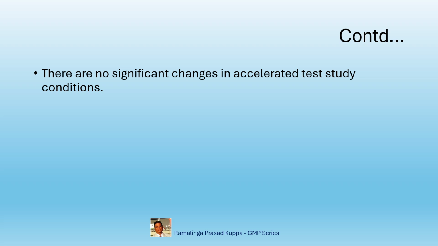There are no significant changes in accelerated test study conditions. The test conditions for accelerated and intermediate conditions are the same as in the earlier guideline ICH Q1A R2.